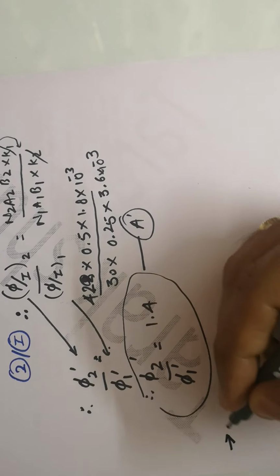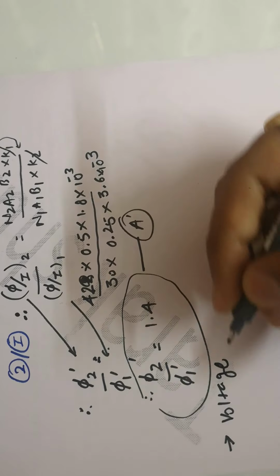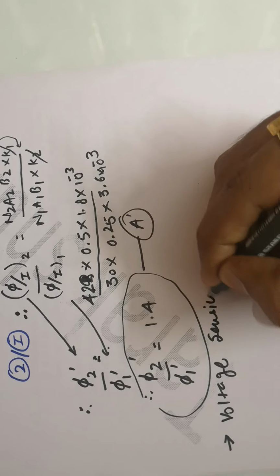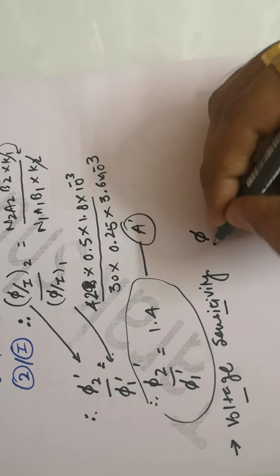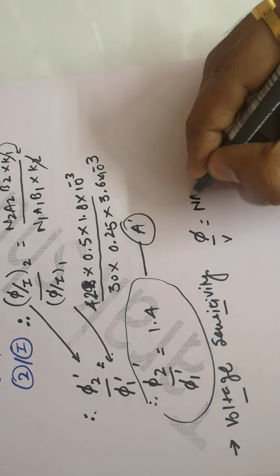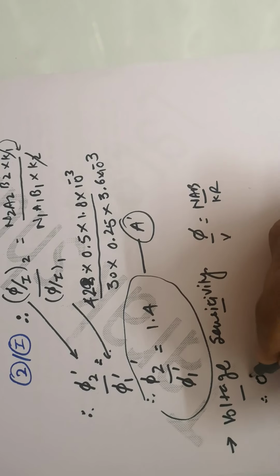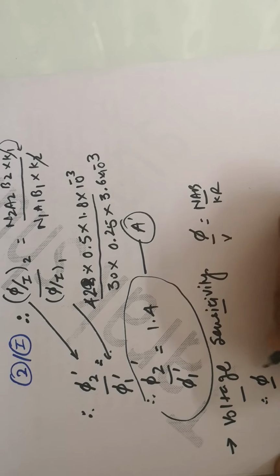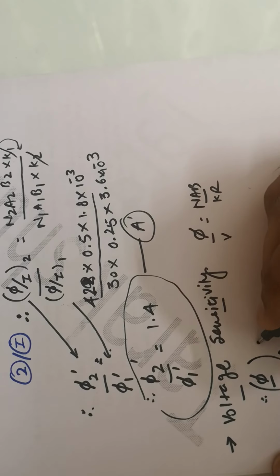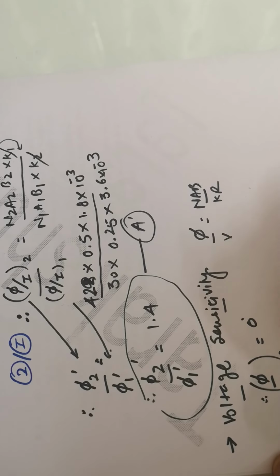Now I want to find the voltage sensitivity. You are aware that the equation of voltage sensitivity has the relationship phi upon V is equal to NAB by KR. So I take phi by V of the second one and phi by V of the first one.